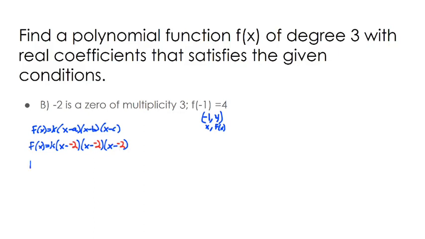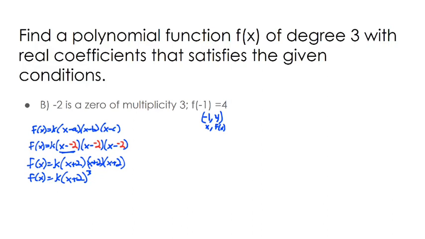If I simplify a little bit, we basically have k times (x plus 2), (x plus 2), and (x plus 2), and anytime we have those repeated factors, we can write that as (x plus 2) to the third power. So here's where we're at so far, and now we're at the step where we have to figure out the k value.